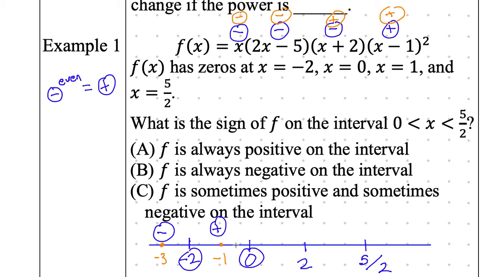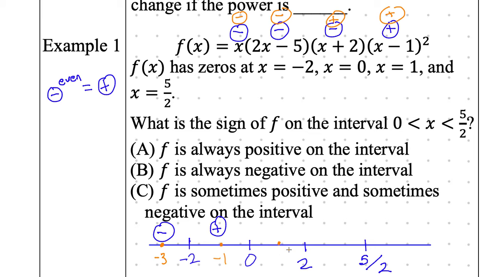You plug in the numbers in between those numbers every single time. Sometimes this will mean you have to plug in a fraction. You can never plug in these numbers, because if you do, your answer will be 0, which is neither positive nor negative. Every single time, plug in a number in between this interval as a test value.